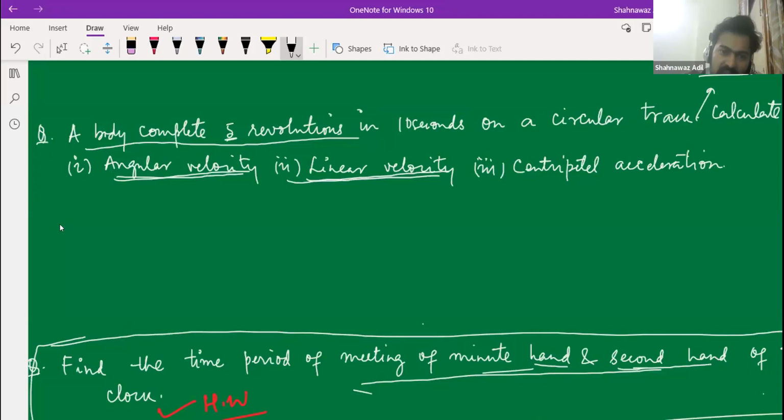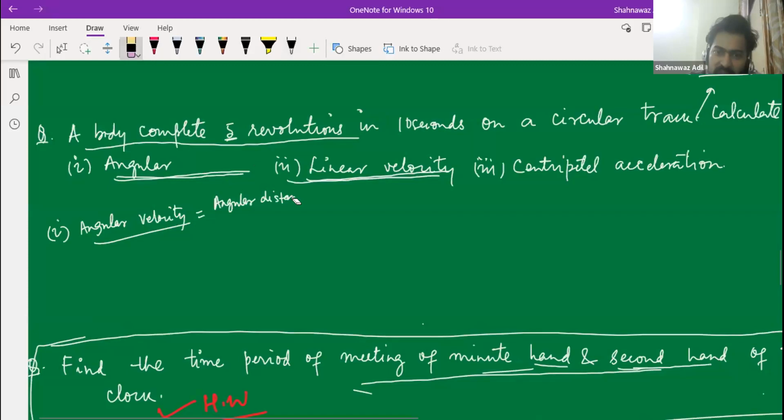So first we have to calculate the angular velocity. Or let's say not angular velocity but angular speed, because we are only focused on the magnitude. Then we have to calculate angular displacement, so let's say we are only finding angular speed, right?